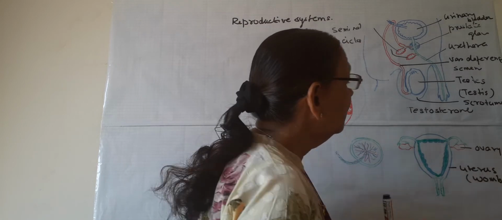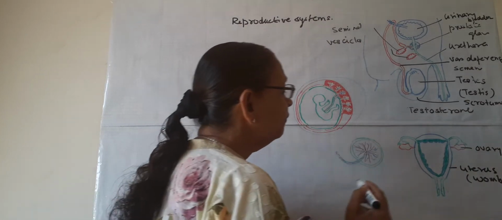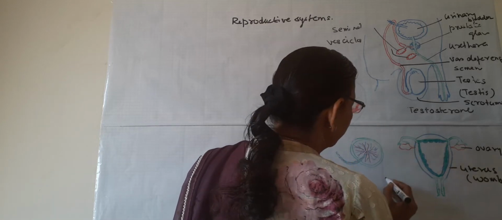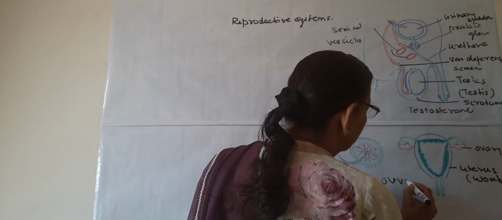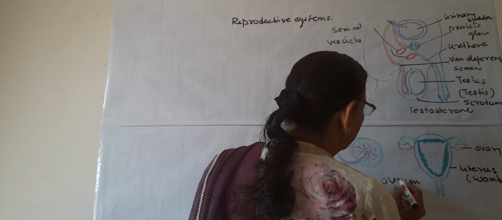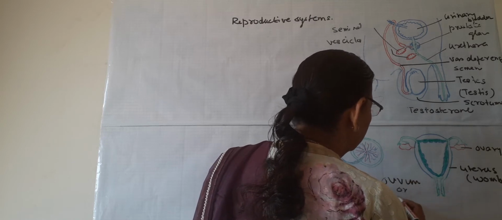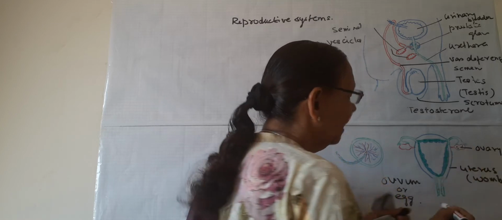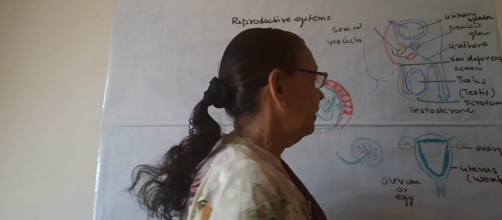These ovaries are for the production of female gamete, and this female gamete is ovum. It is known as ovum or egg. So these ovum or egg are present inside the ovary.